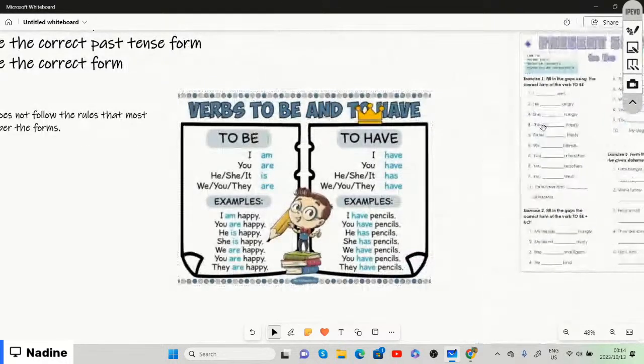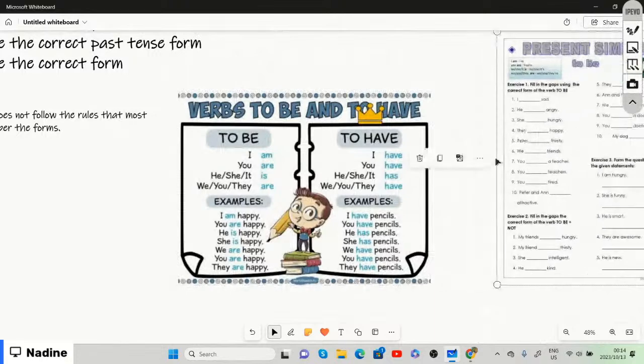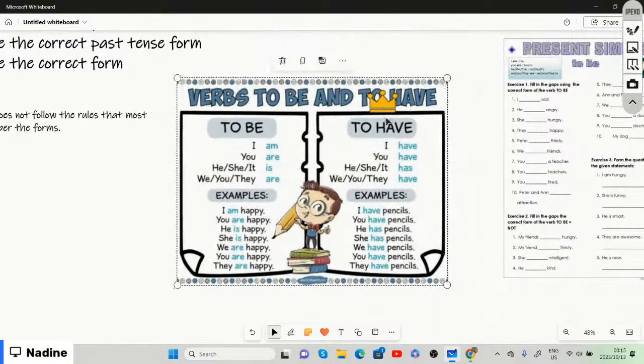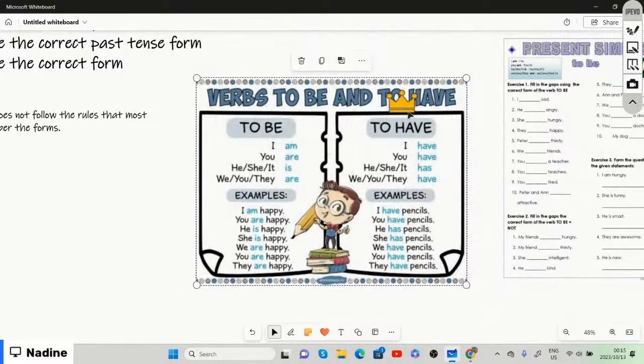All right. So basically, to be and to have, right? So these are a few examples of the verbs to be and the verbs to have. So the verbs to be, right? We have I am, you are, he, she, or it, meaning one person, is, we, you, they, more than one person, are, right?